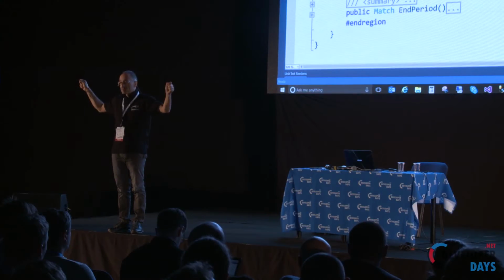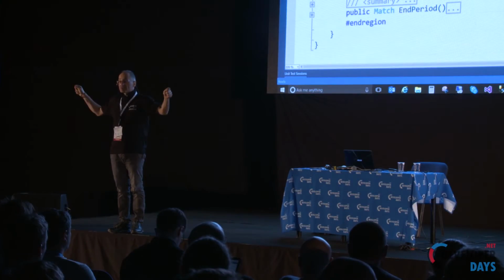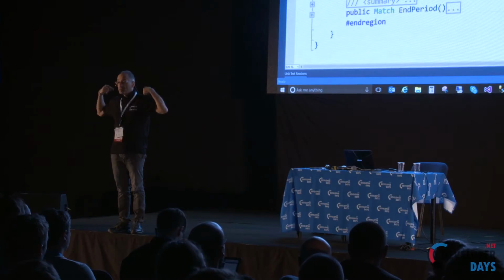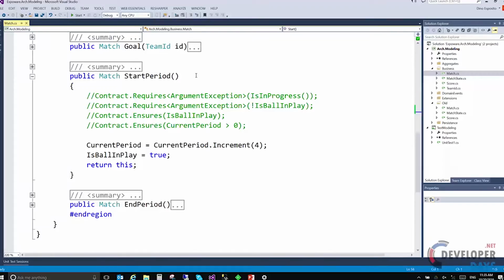That is when you start a new period. Start period can be called if the match is in progress, of course, and if the ball is not in play, because the ball gets in play the moment in which a period starts.